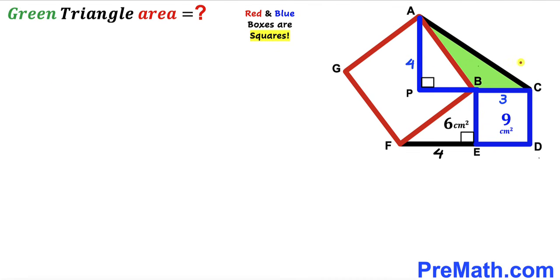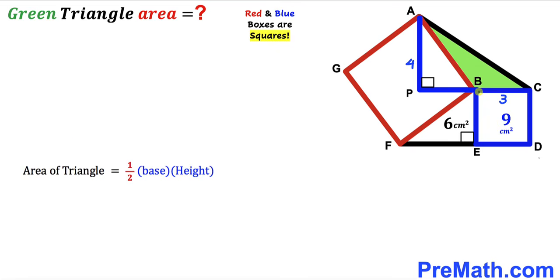Here's our final step. Now we are going to calculate the area of the green shaded triangle ABC. Let's recall once again the area of a triangle formula: area is equal to a half times base times height.